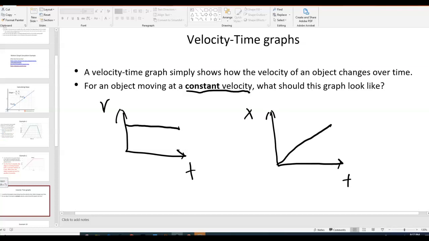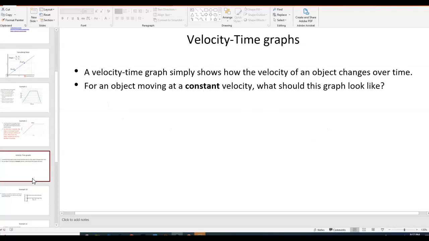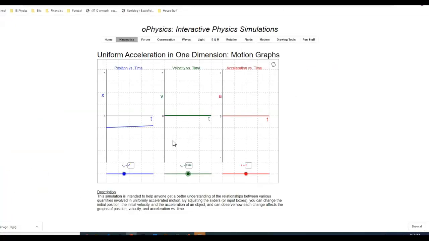We'll do some more examples. And just to go back and show you on the simulation, that's what we saw before. Notice as I change the velocity time graph, this is still constant velocity because there's no acceleration yet, but as I change the velocity time graph, the shape stays horizontal and the shape of the position time graph stays linear.